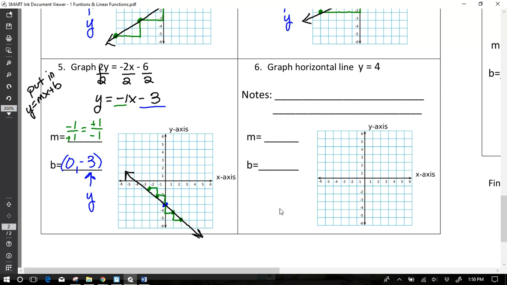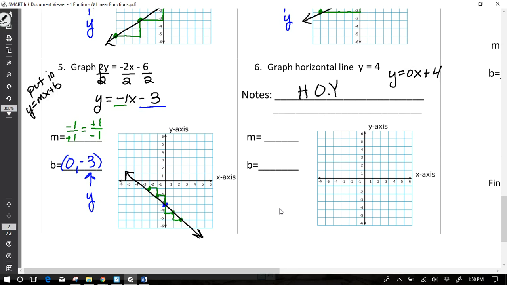Now we're looking at example 6. Example 6 is a good review from last semester. Okay, I am going to rewrite my equation so that it shows me a slope. It would look like this: y equals 0x plus 4. If you remember, this was HOI.